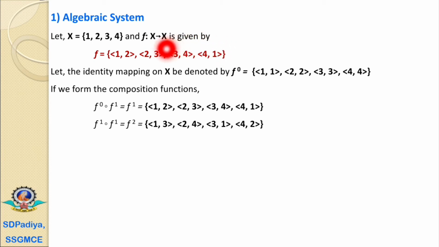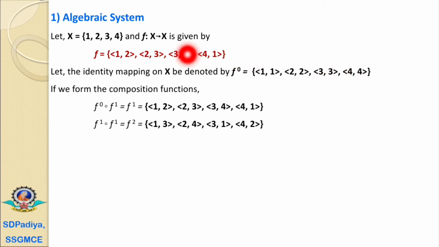When we perform the function X to X, it will be the set of (1, 2), (2, 3), (3, 4) and (4, 1). The identity mapping on X is denoted by f raised to power 0. It is the set of (1, 1), (2, 2), (3, 3) and (4, 4).